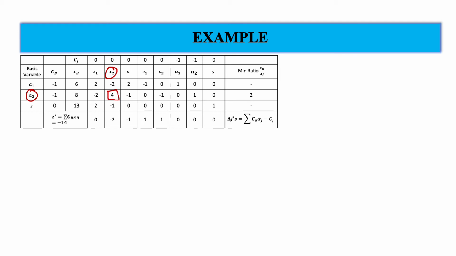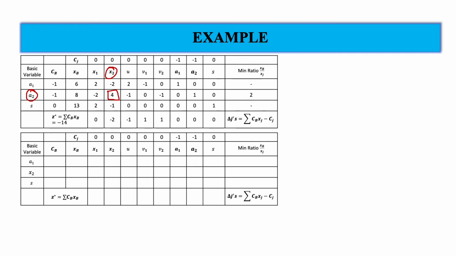So we will now form the new simplex table by making the pivot element 1. Okay, x2 is the incoming variable now, so it will come in place of a2. Now the coefficient in the objective function of a1 is -1, x2 is 0, for s it's 0. Now for these values we will apply row operations. So the new pivot row r2 dash is r2 old, the old pivot row divided by 4, because we want to make the pivot element 1.